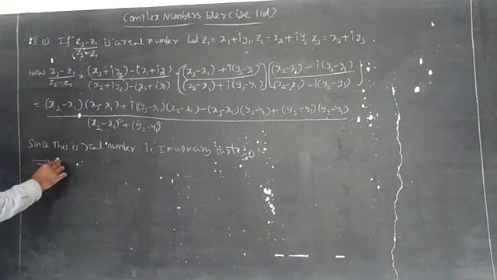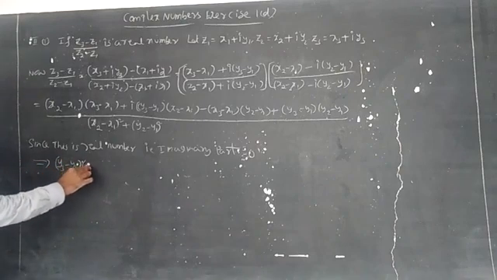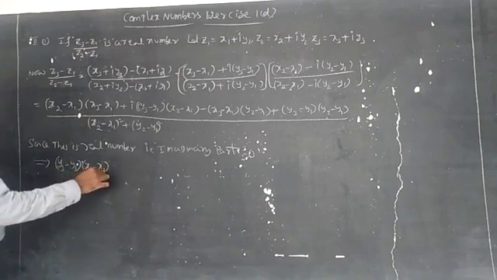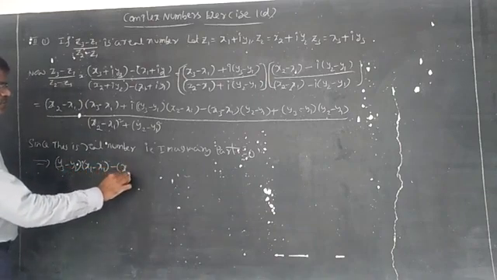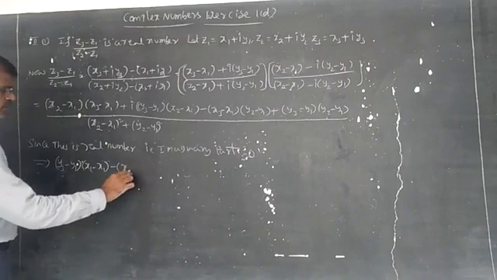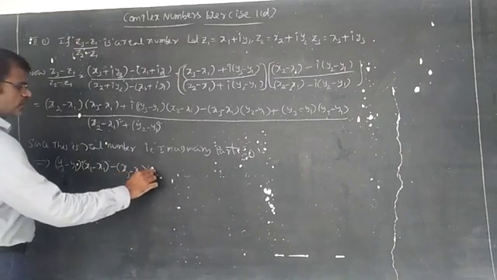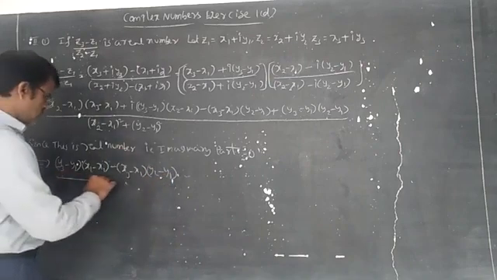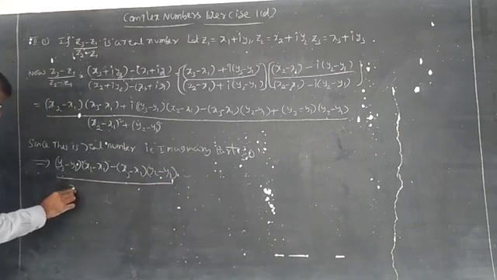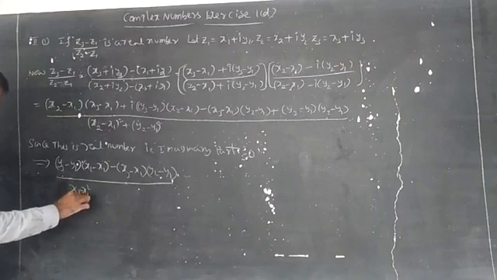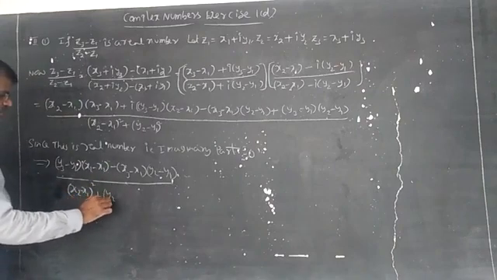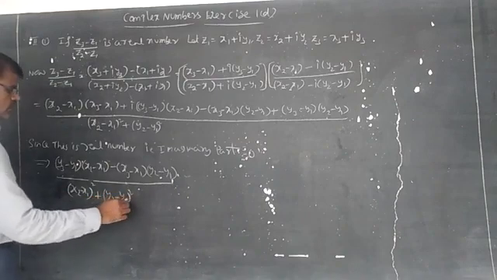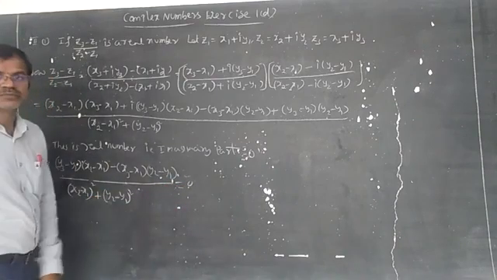That implies (Y3 minus Y1) into (X2 minus X1) minus (X3 minus X1) into (Y2 minus Y1) whole by (X2 minus X1) whole square plus (Y2 minus Y1) whole square is equal to 0.